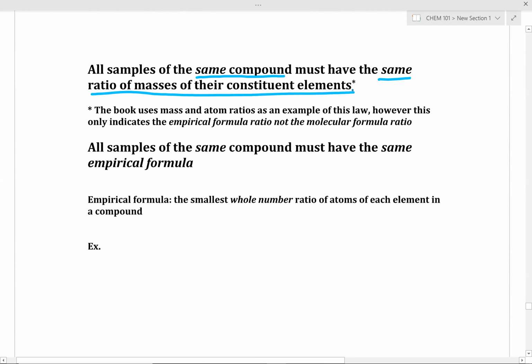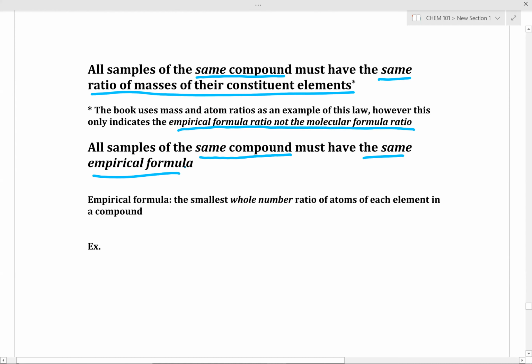Now, the book that you're using and the law of definite proportions often is describing not the absolute chemical formula, but what's known as the empirical formula ratio. And so a better way of rephrasing this law in order to be more useful in later sections of the class is that all samples of the same compound will have identical empirical formulas.